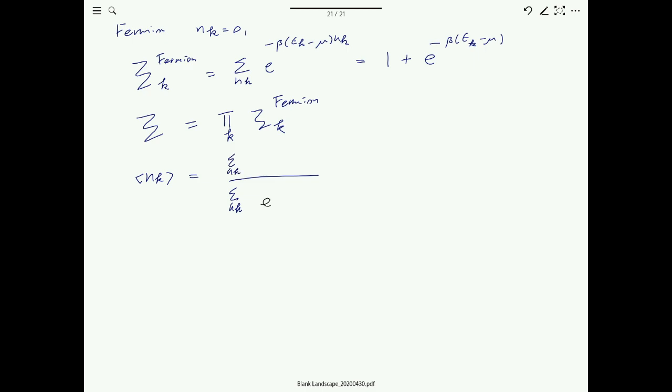This is your weight. So this is the partition function, and on the other hand you have n_k multiplied by your weight.